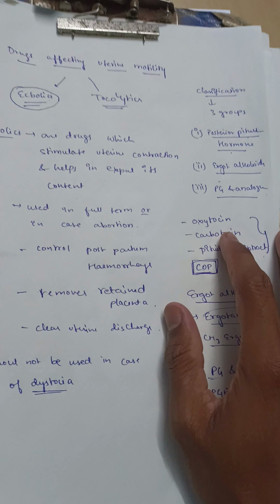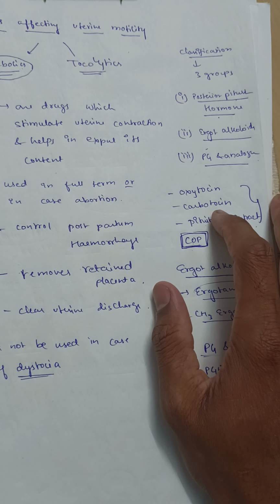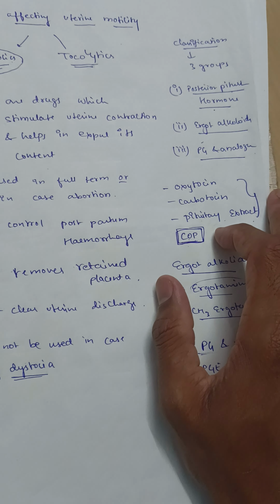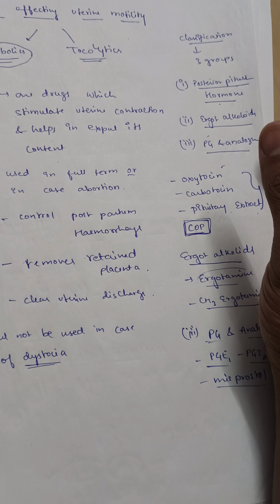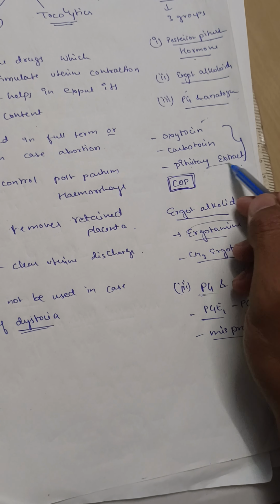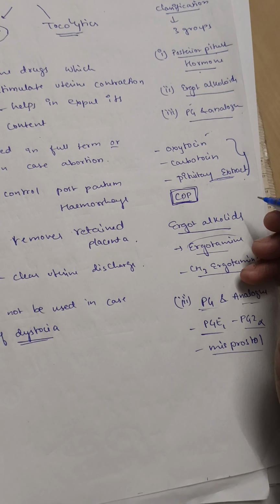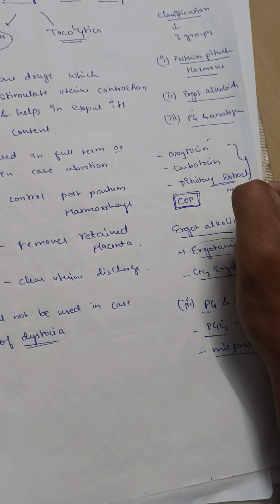I will not much more discuss about the role of oxytocin, carbotocin and pituitary extract. Just remember, oxytocin helps in increase force and frequency of uterine contraction, and pituitary extract will stimulate the contraction of estrogen sensitized myometrium.